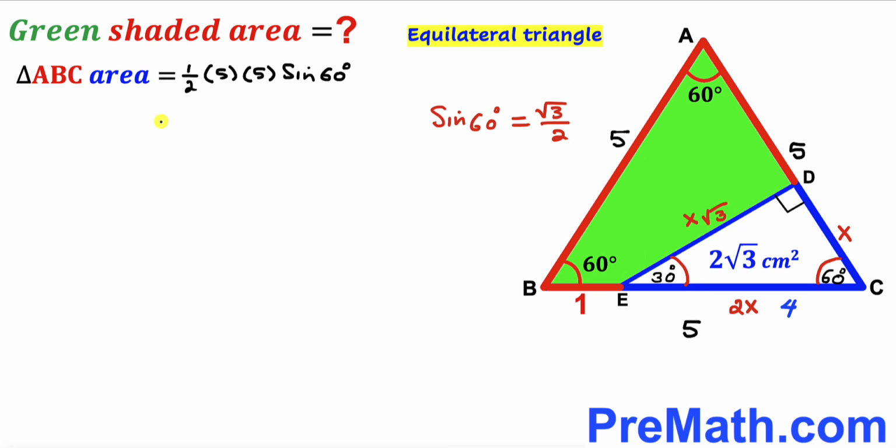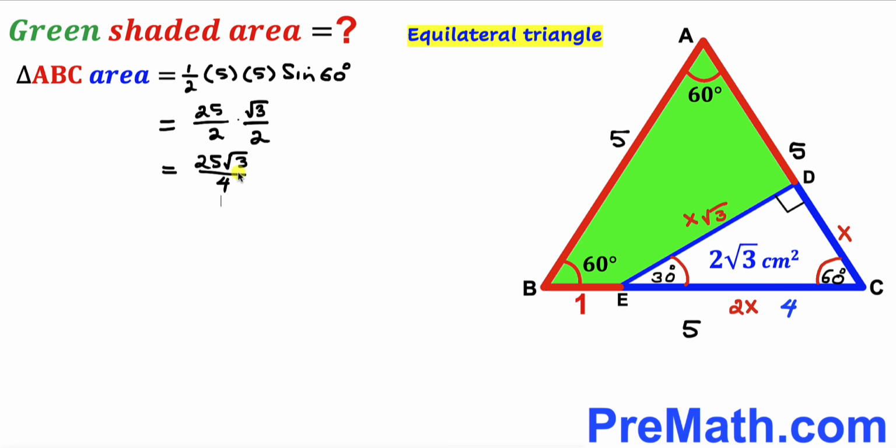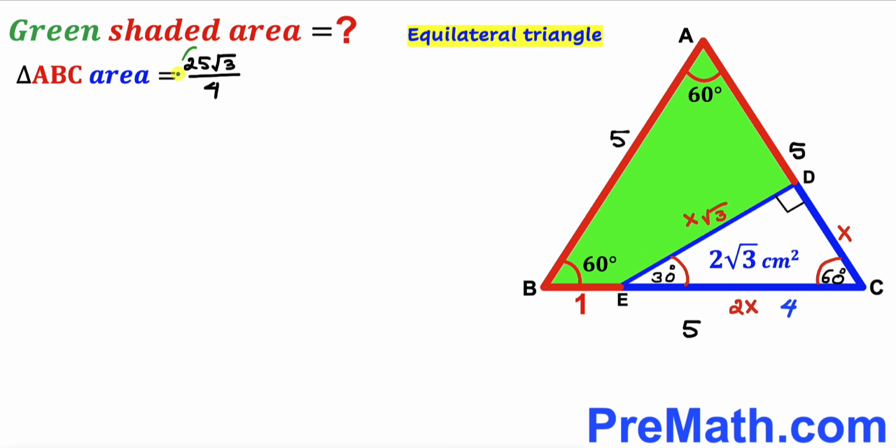So we are going to have 25 divided by 2 times the square root of 3 divided by 2. Let's simplify further. That is going to give us 25 times the square root of 3 divided by 4. So thus the triangle ABC area turns out to be 25 times the square root of 3 divided by 4 centimeters squared.